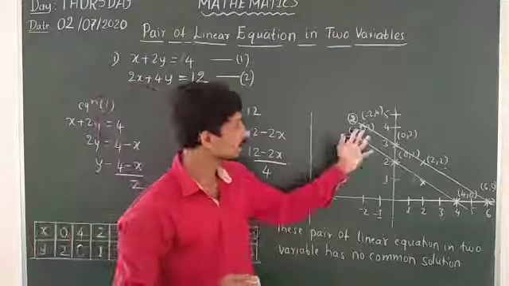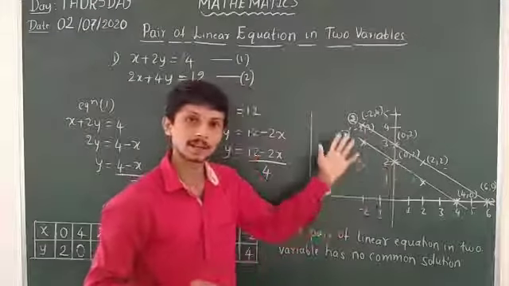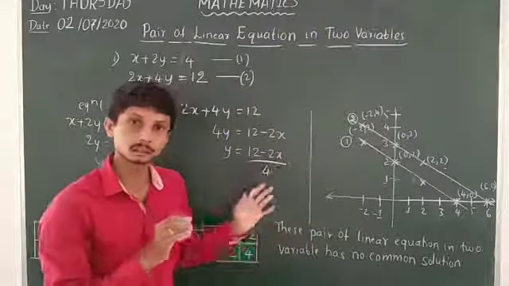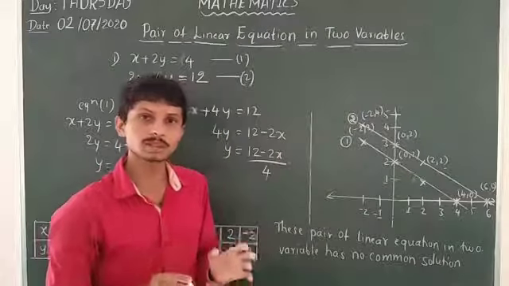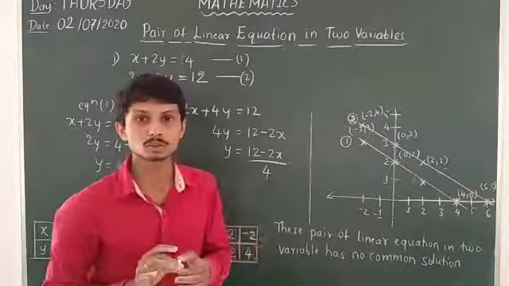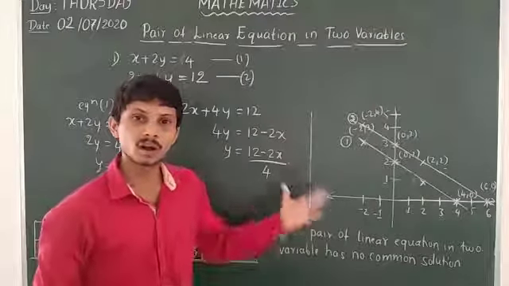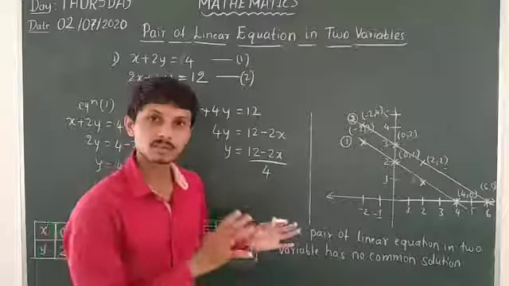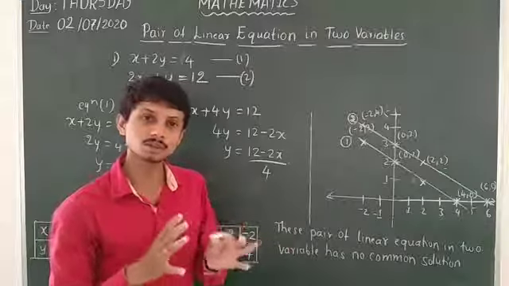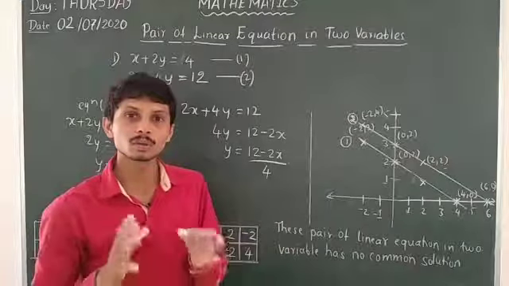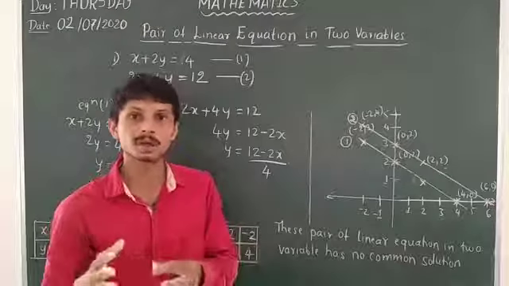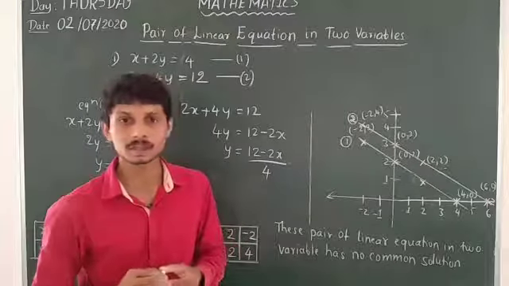So parallel lines mean the pair of linear equations in two variables has no common solution. So this is the method of finding the solution or unique solution of a pair of linear equations in two variables.